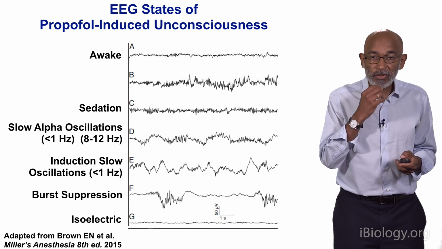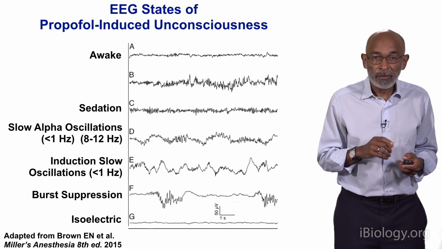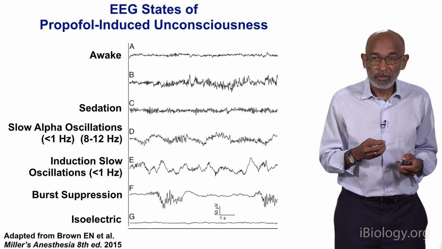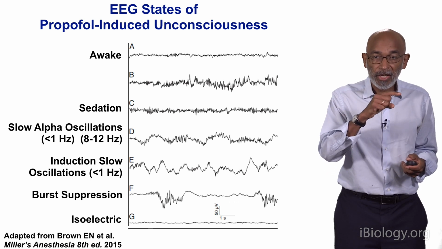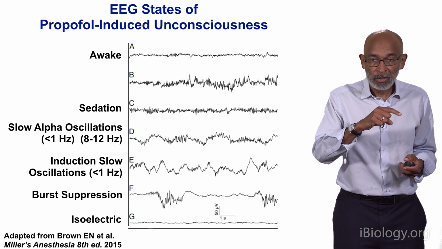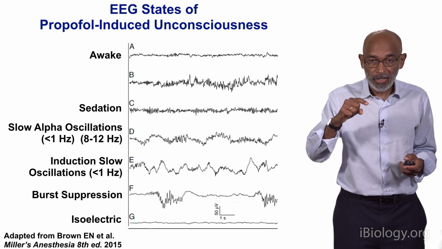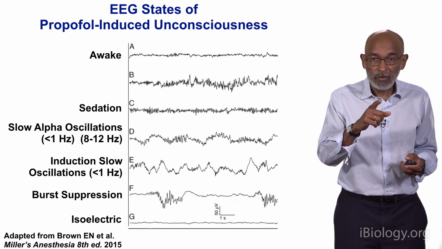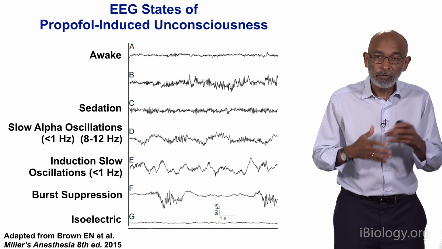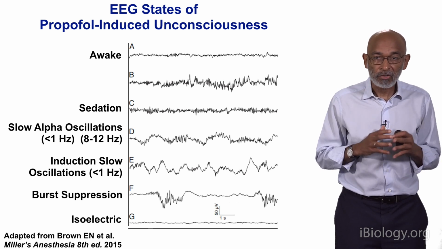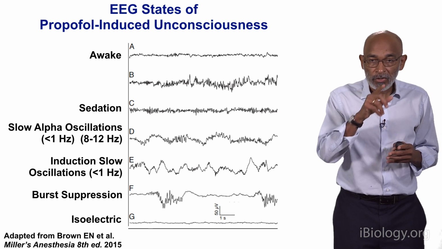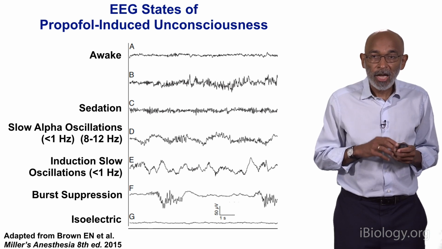The state that you didn't see was this one. It's a combination of what we call slow oscillations, meaning there's less than 1 cycle per second, or about 0.1 to 1 cycles per second, and alpha oscillations, which are roughly around 10 cycles per second. We'll just say 10 as a rule of thumb. All right? So you see in D there's a combination of them.